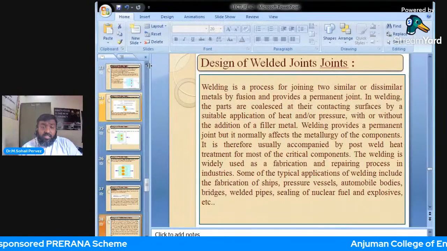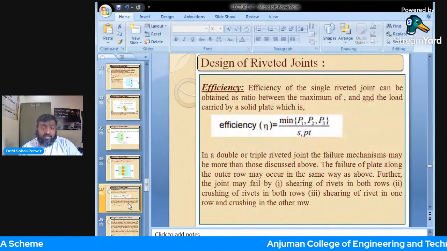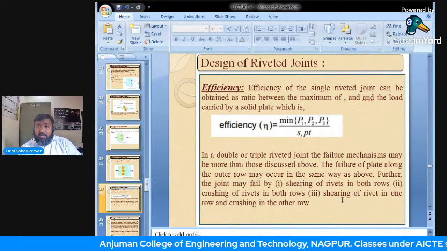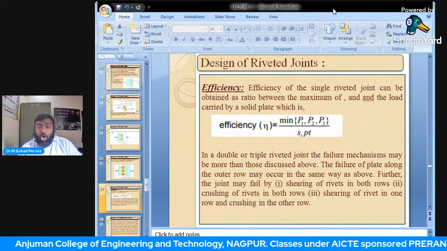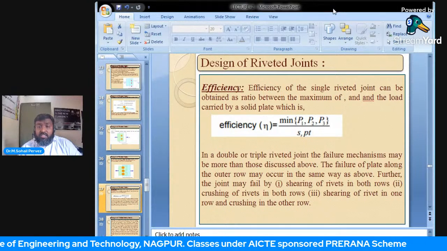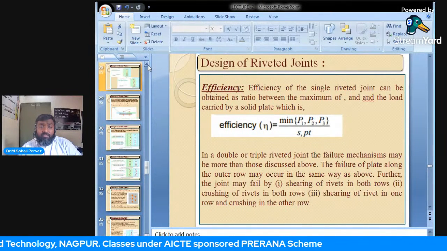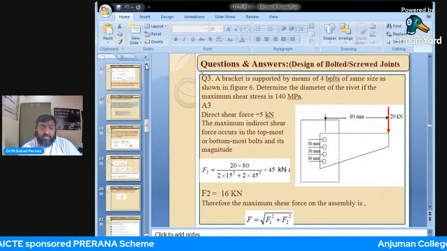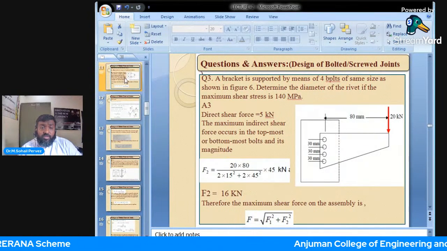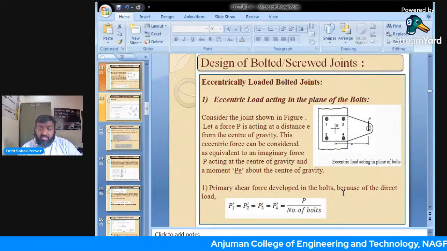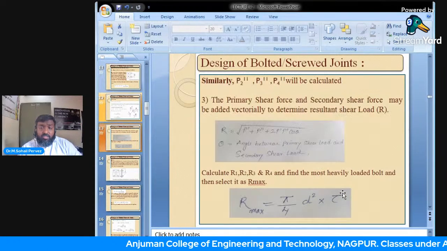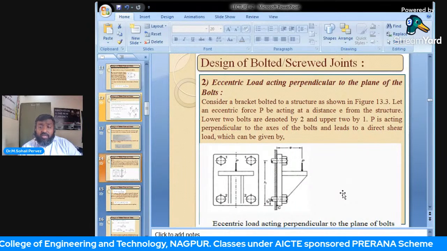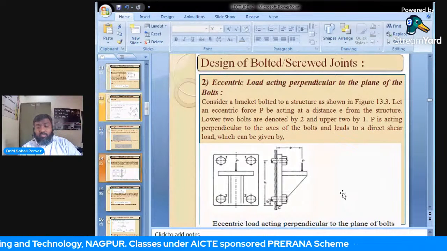the numericals of riveted joints will be the same as for eccentrically loaded screw joints. Okay, there would be all the three cases, but generally in the plane of the bolt, and perpendicular to the plane of the bolt or rivet, would be discussed.